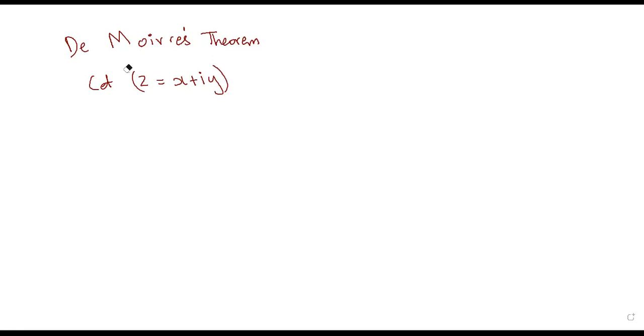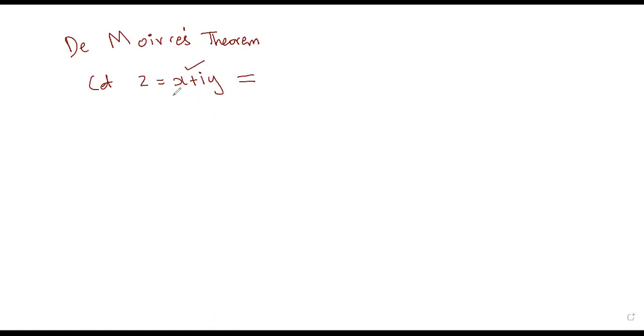Just know that if this is a form, there's one way of writing a complex number this way, and then there's an equivalent way which is used for this theorem only. So you don't have to know much about it. It's just used for this theorem, but this theorem is very helpful.